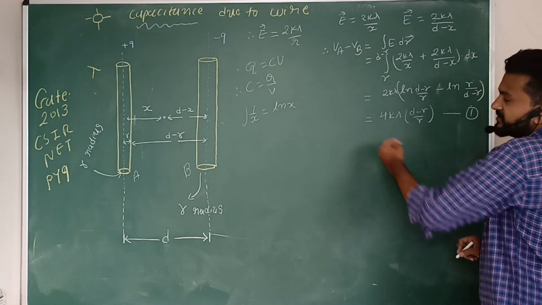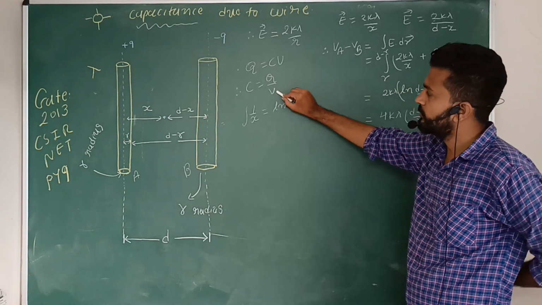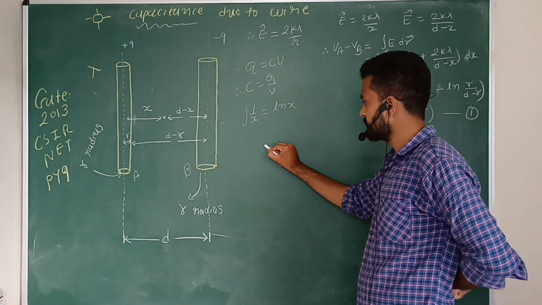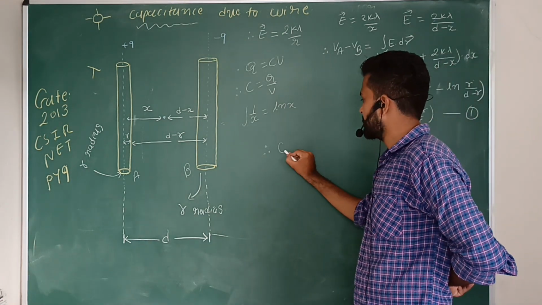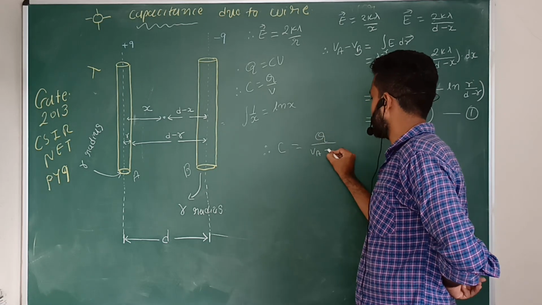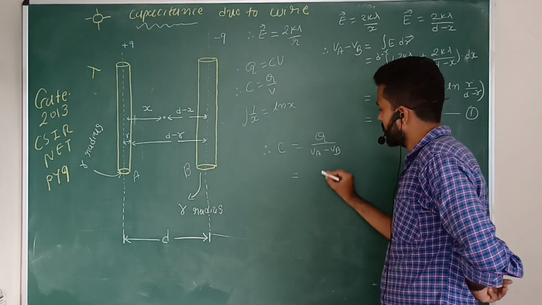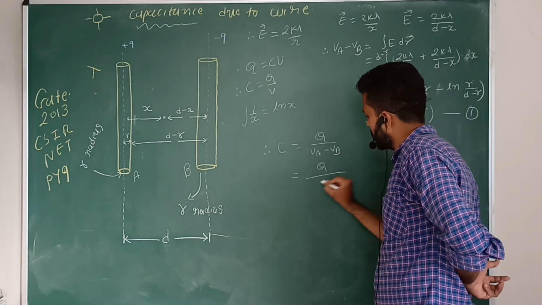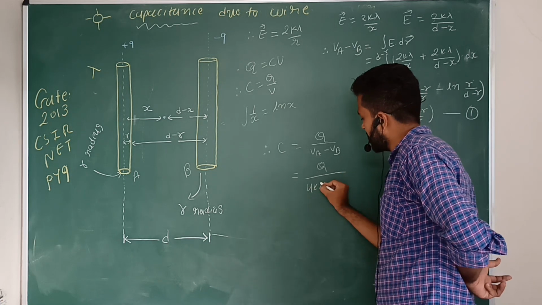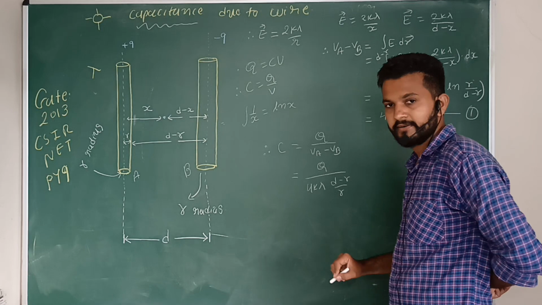Now we have the potential difference, and we know capacitance can be given by Q upon V. That means capacitance is equal to Q upon VA minus VB, and it will become Q upon 4kλ ln of d minus r upon r.